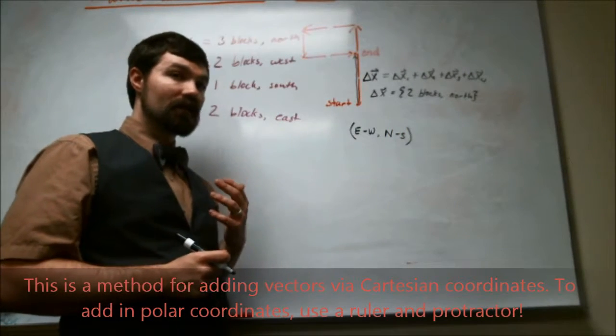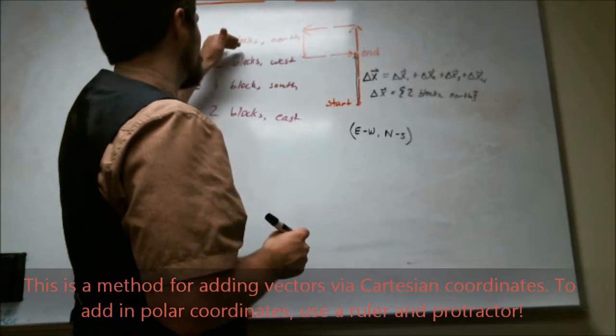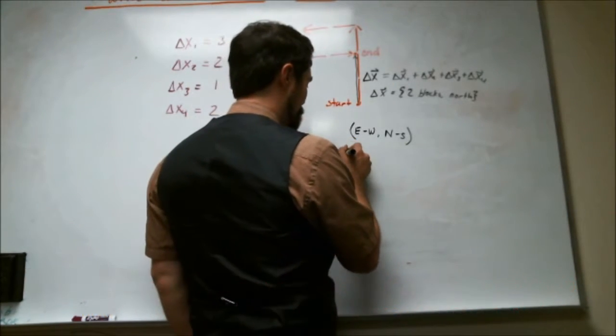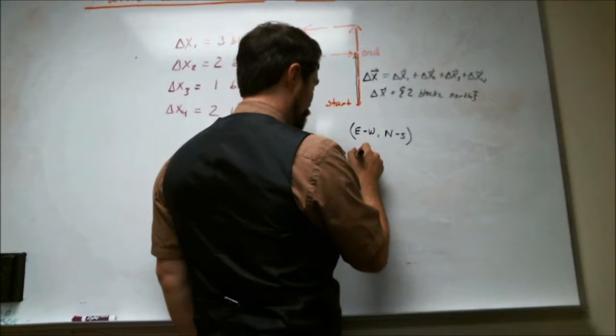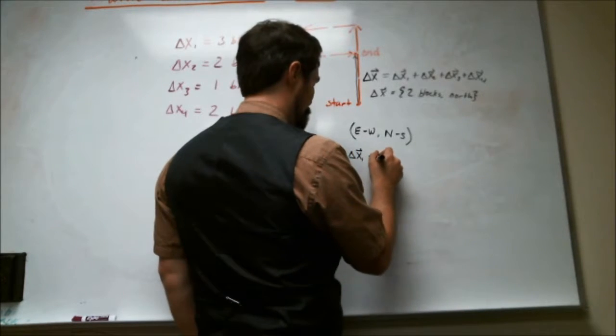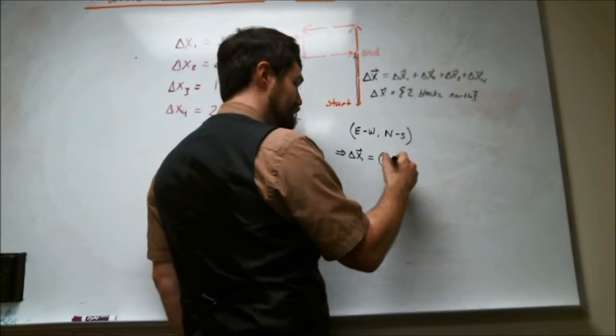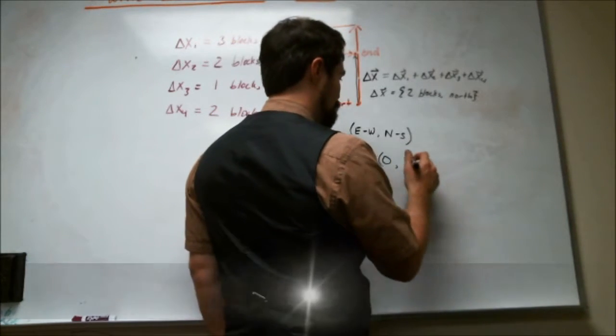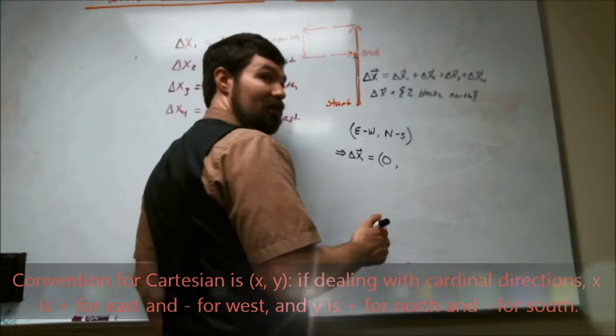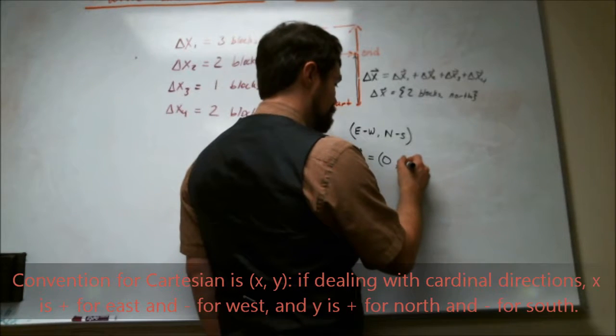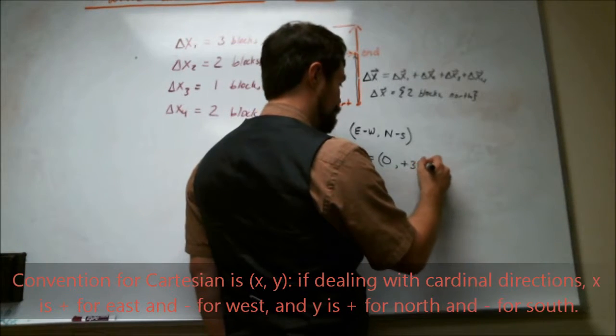Okay, so that means that x1, 3 blocks north, looks like this. 0, because it didn't go any east-west. North we'll call positive, south we'll call negative, so this becomes positive 3.